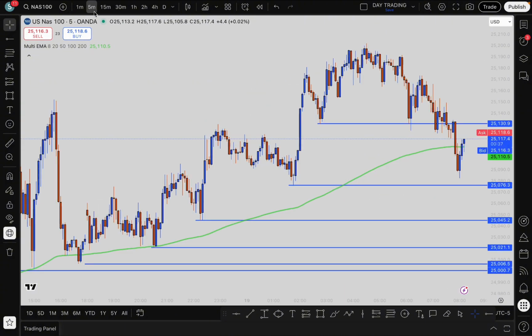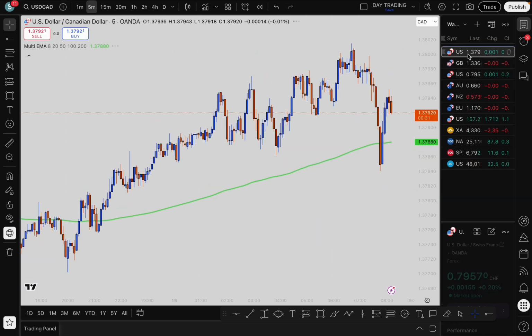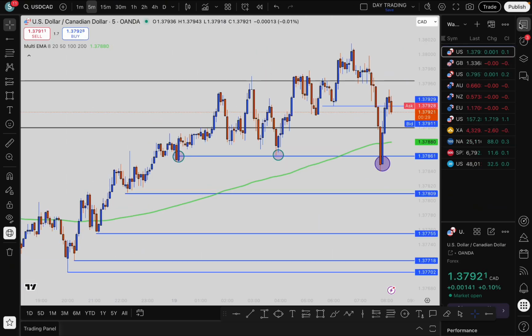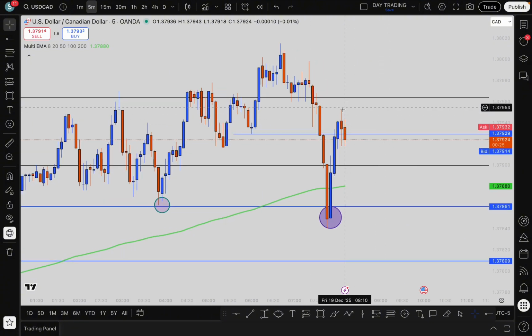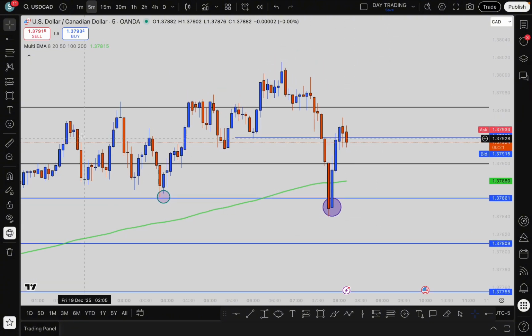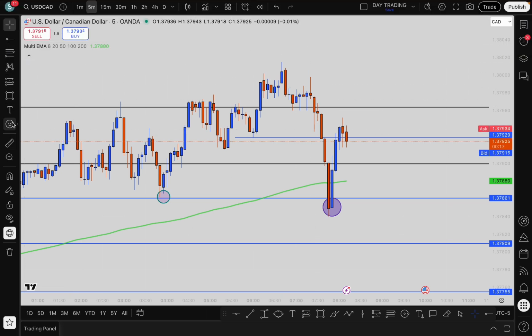So I did the same thing I would do on any other pair. One second, let me just check USDCAD real quick. I don't want to miss the trade. Okay, so it looks like we're establishing a lower high, right? So I just need to see, because I can't enter like this.